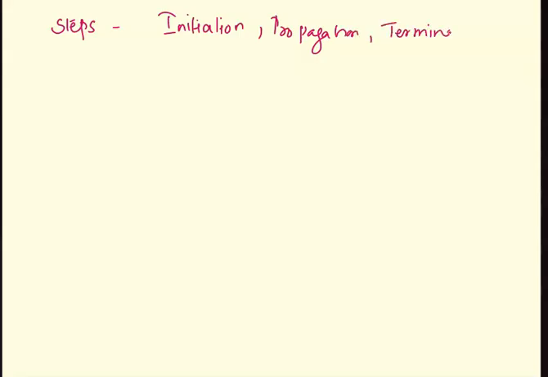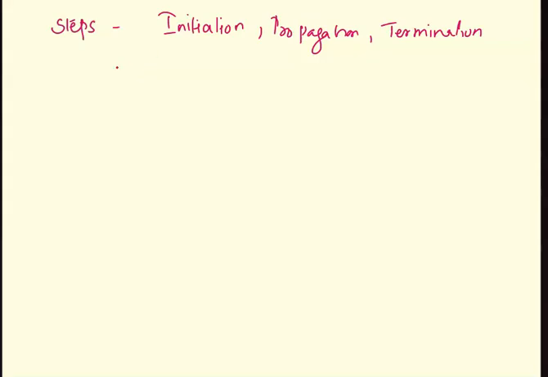Since it is a free radical reaction, there are three kinds of steps that will happen. The steps in a free radical reaction are initiation, then propagation, and finally termination. These are the three steps that take place in the free radical mechanism.